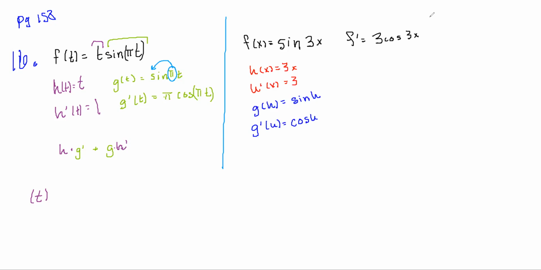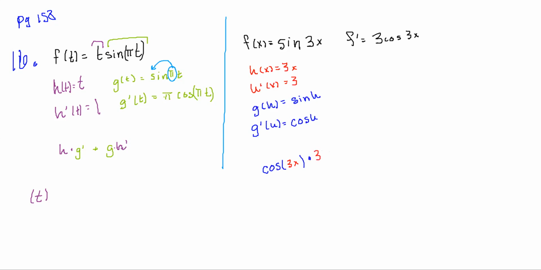So we're going to put it all together and say what we have here is cos times h. Our original h is 3x times h prime, which is 3.